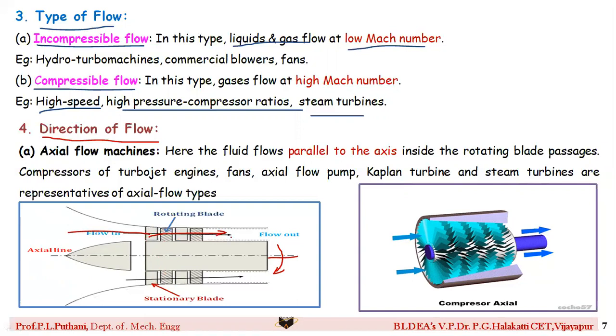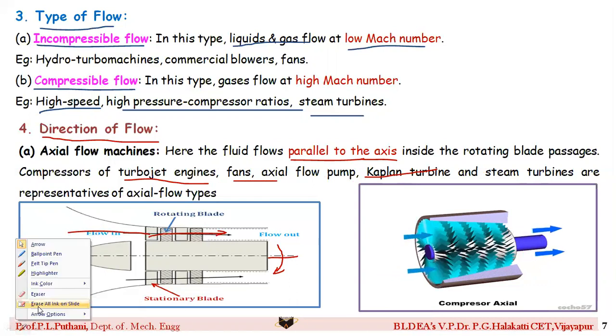As the fluid flows in the axial direction of the rotating shaft, parallel to the axis inside the blade passages, we call those machines axial flow machines. Examples: turbojet engines, fans, some Kaplan turbines and steam turbines.